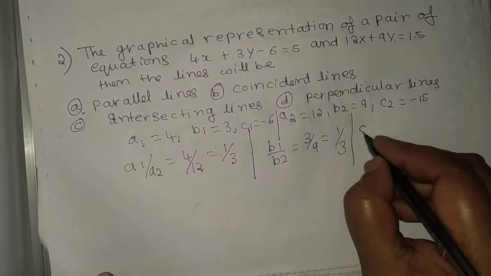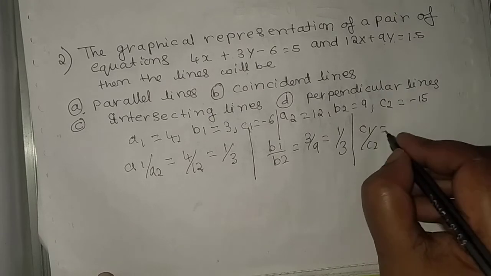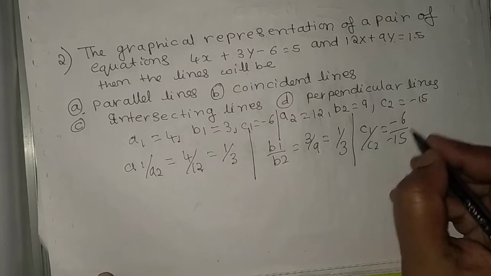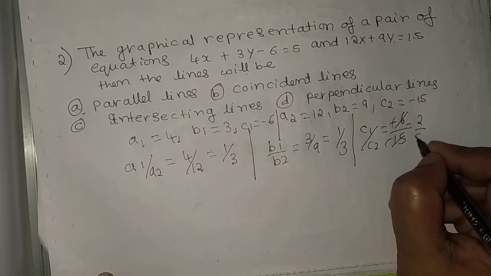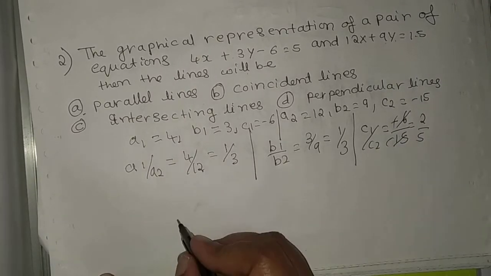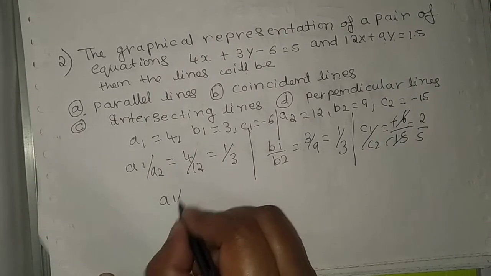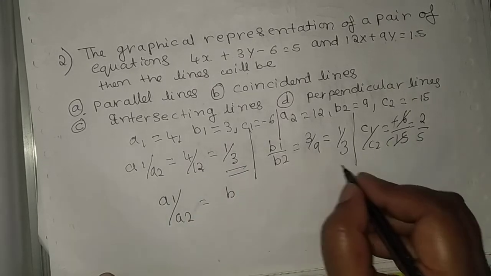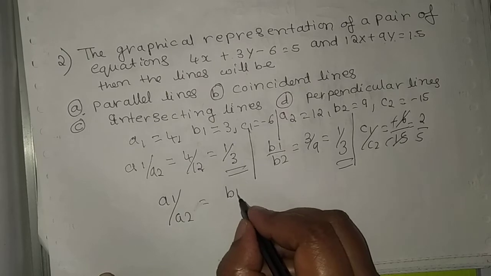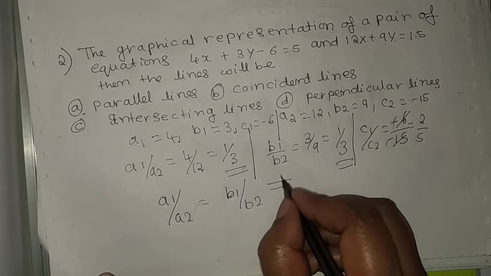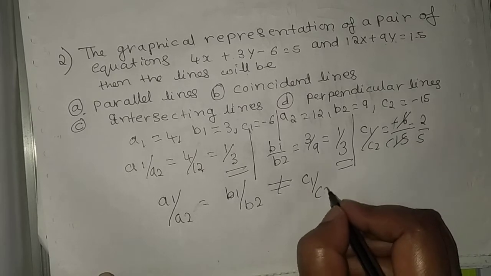Next c1 by c2 is minus 6 by minus 15, the minuses cancel, 2 by 5. Finally we get a1 by a2 is equal to b1 by b2, which is not equal to c1 by c2.